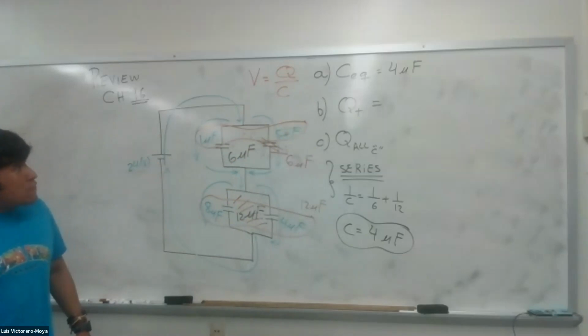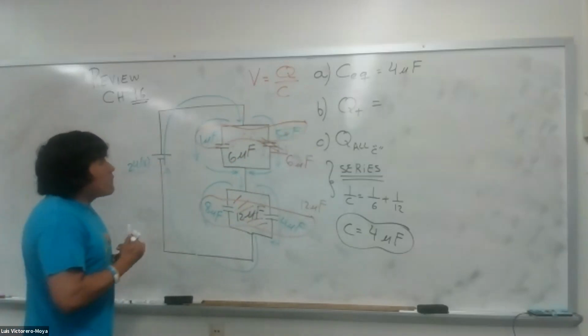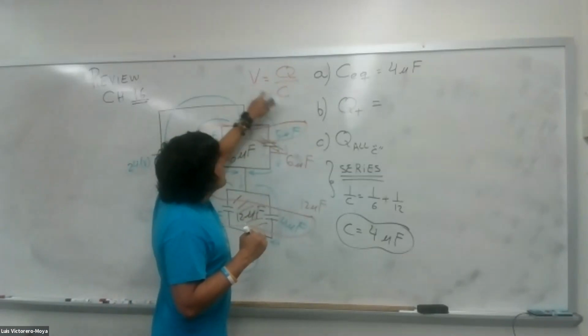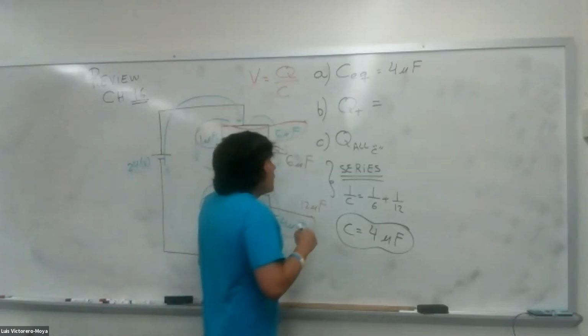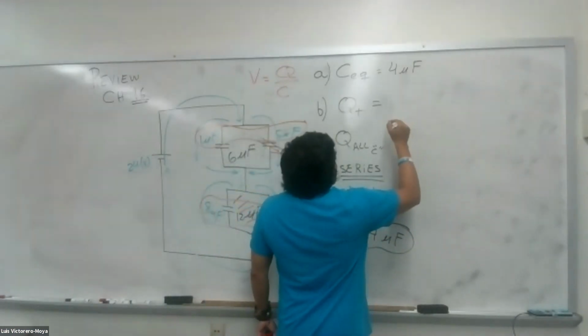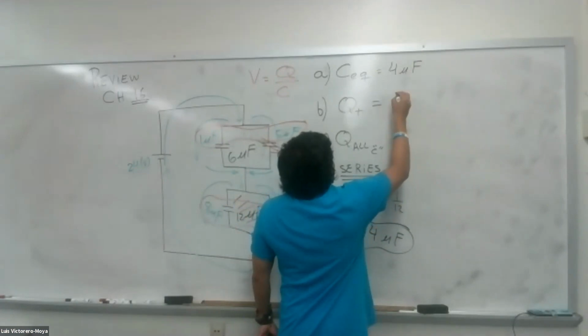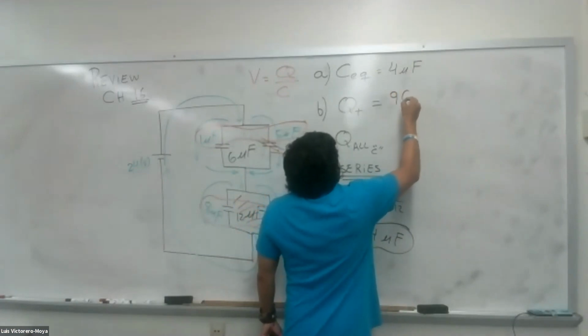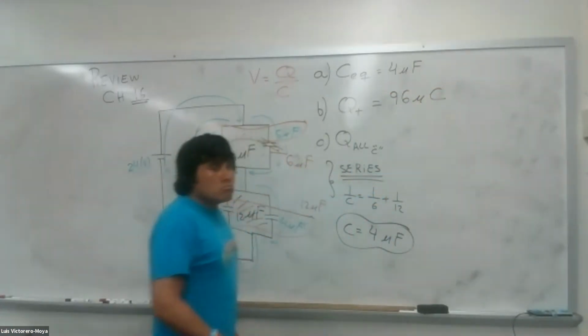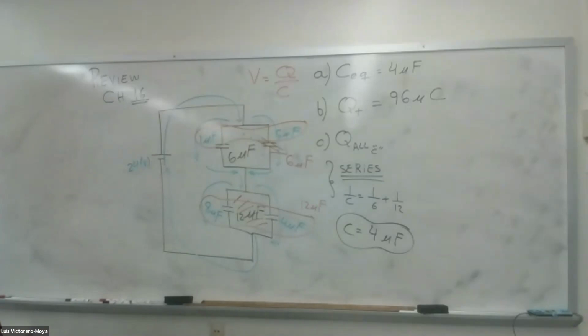So C equivalent is 4. The charge will be 24 times 4, right? That will give me 96, right? 96 microcoulombs. All right? So that's the total charge on the circuit.